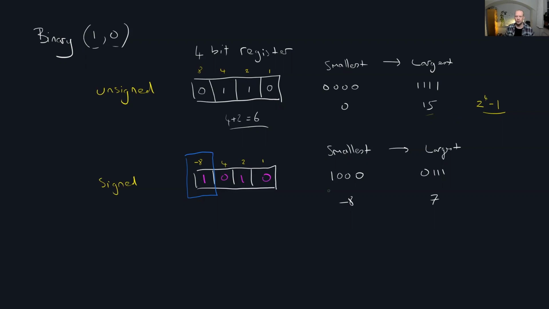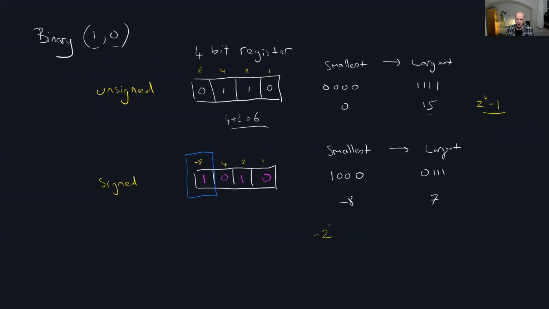When it comes to the signed register, what is our base 2 representation here? For the smallest, it's going to be 2 to the power of something. Is it going to be 4? What's the easiest way to express the -8? -2 to the 3.